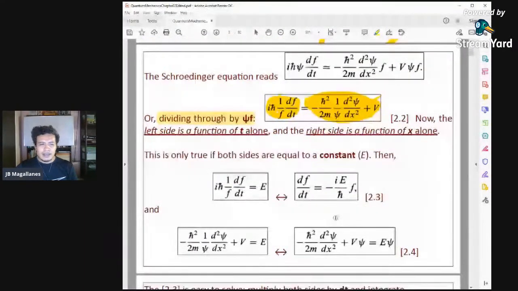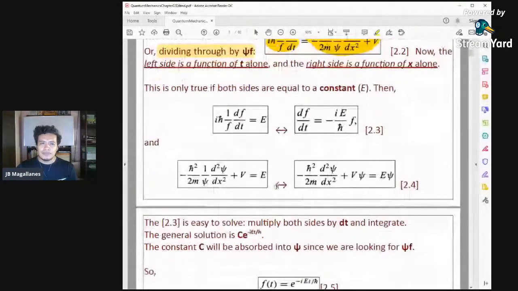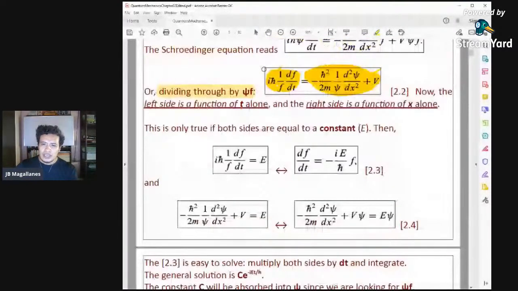By some theorem in calculus, if the left side is a function of one variable and the right side is a function of another variable, then you can set them equal to a constant.